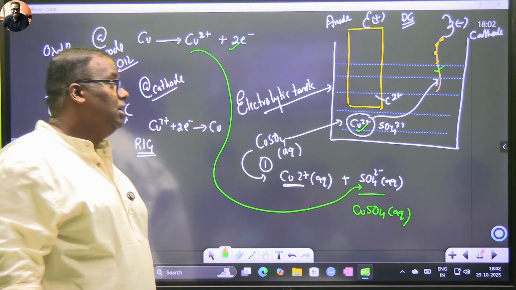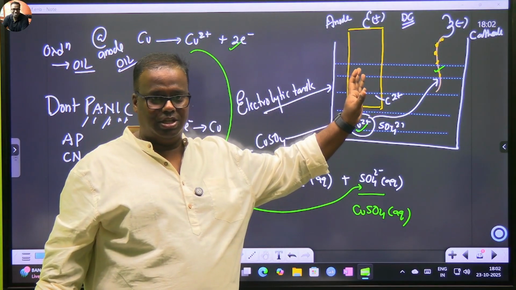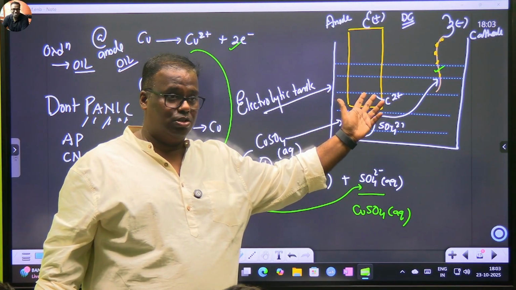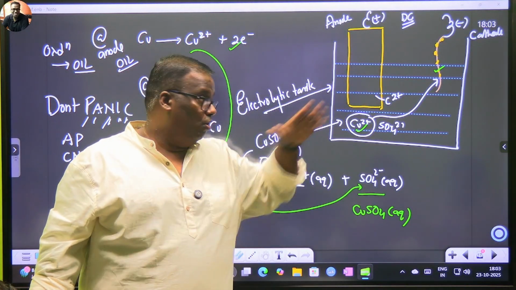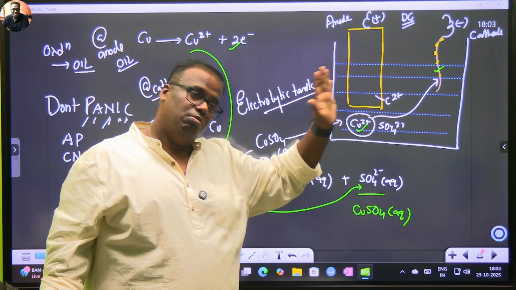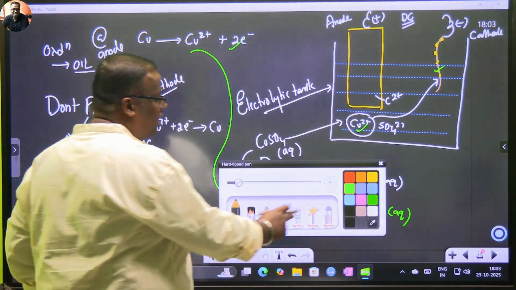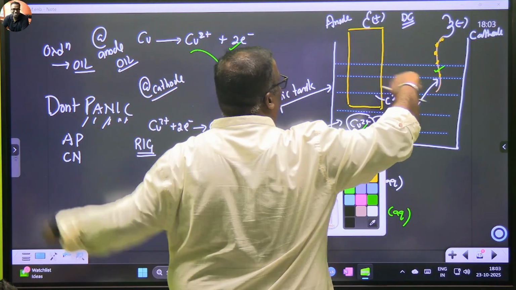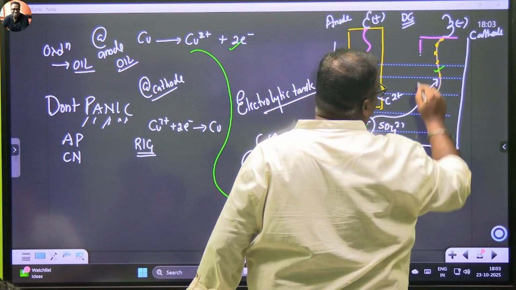That's why during the entire process, the electrolyte level never changes. It remains replenished, nor will its color change, because this is the reaction happening at the atomic level. On top, you will keep on seeing blue copper sulfate. However, as time goes on, you will find that the anode has become thin and the cathode has become thick.